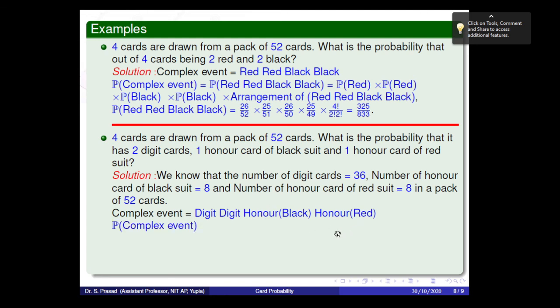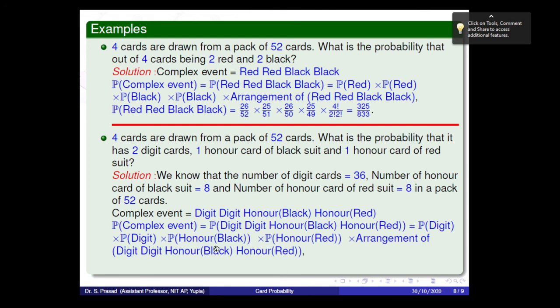After that we write the probabilities of this complex event. First we write the probabilities of digit, honor of black, honor of red, and after that probability of digit into probability of digit into probability of honor black card, probability of honor red card into arrangement of digit, digit, honor black card, honor red cards.